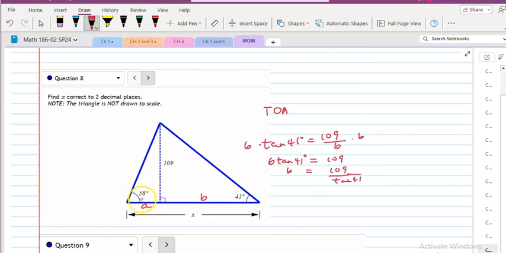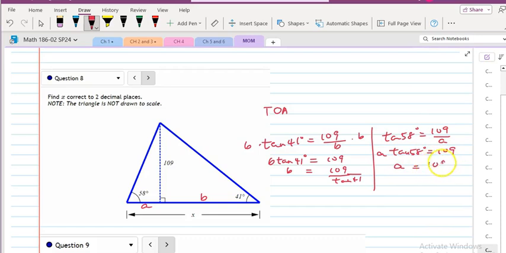What about on this side, A? For 58, TOA: O is 109 and A is adjacent. So tangent 58 is equal to 109 over the unknown side A. Again, I multiply both sides by A, so A tangent 58 degrees equals 109, and then divide both sides by tangent 58.